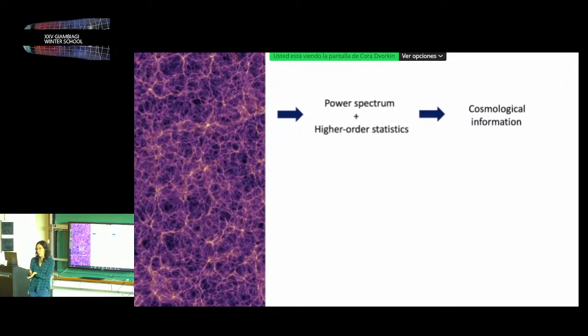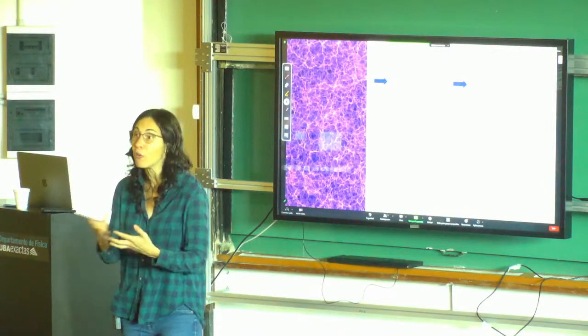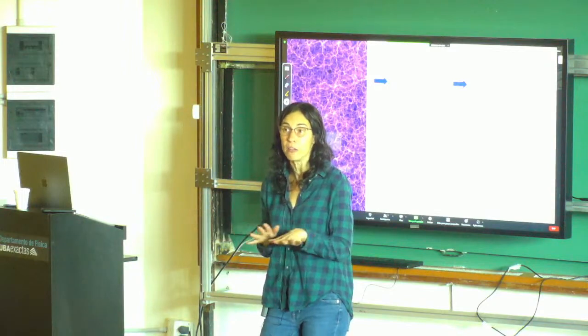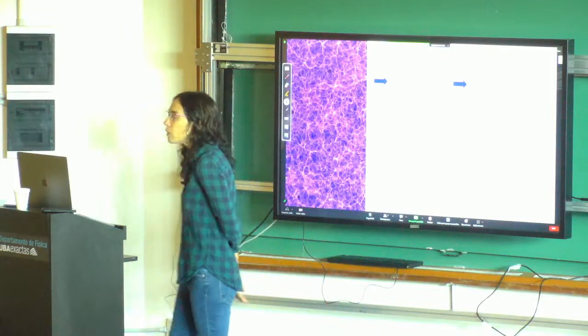Even if we start with a model of inflation in which the initial conditions are Gaussian, we know that we will end with a non-Gaussian distribution of structures in the universe. And this is because of gravity. So we know that the distribution of galaxies that we see today is very non-Gaussian.